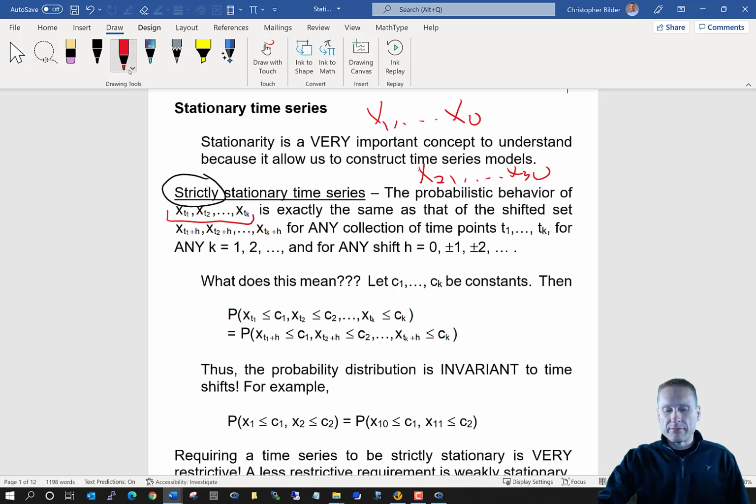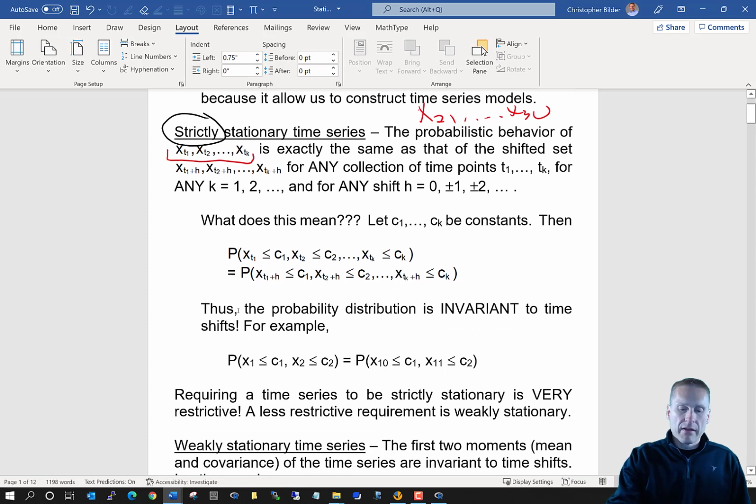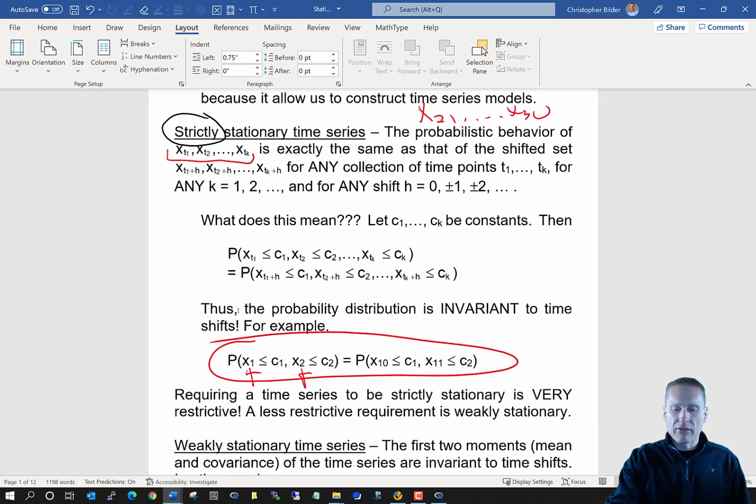So for example, let's say I look at x1 and x2. The probability that x1 is less than or equal to c1 and x2 is less than or equal to c2 is exactly the same as if I were to shift up by 9 different points in time.